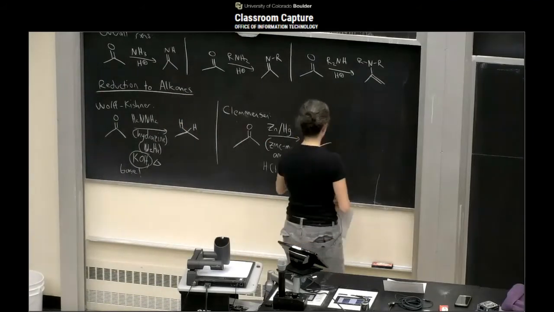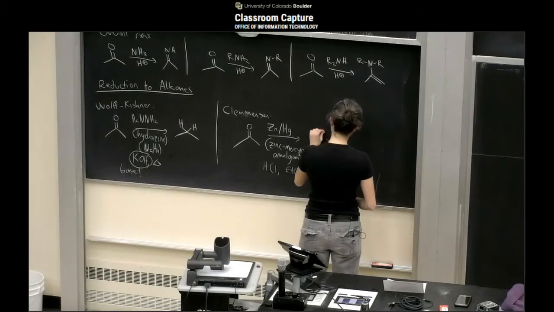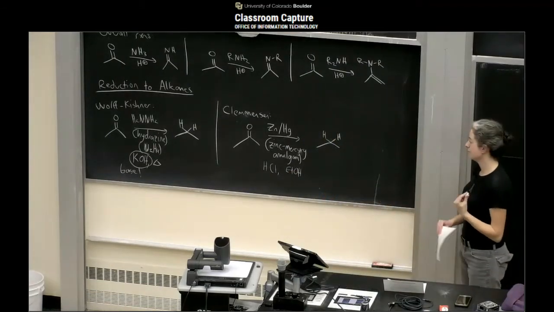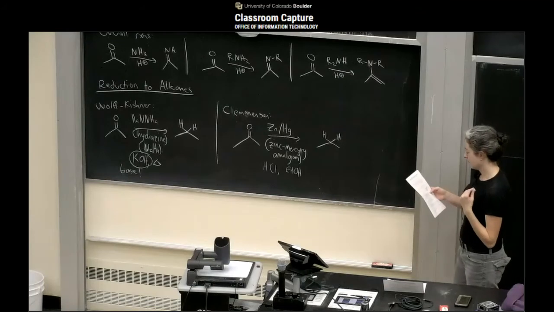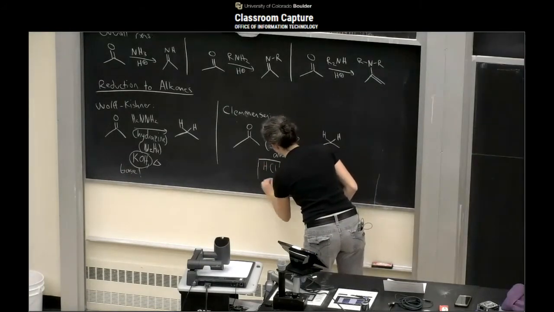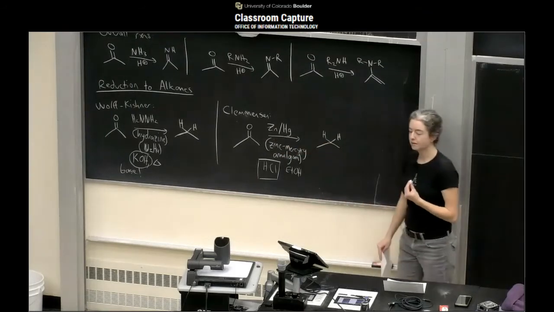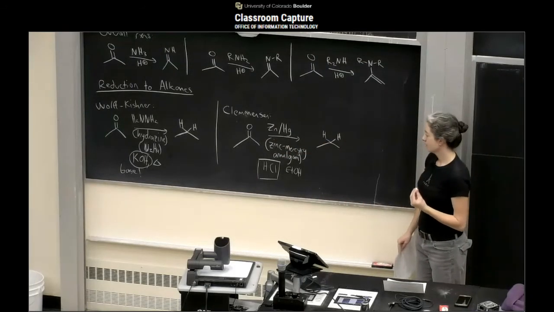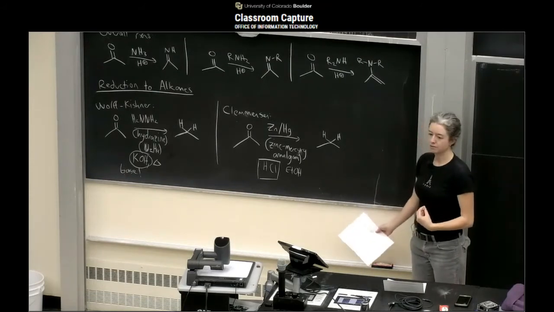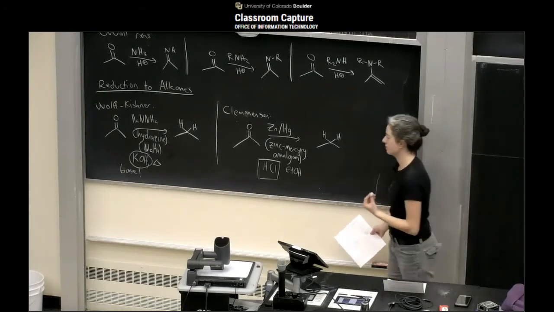But it does the same thing overall. Replaces 2 bonds to oxygen with 2 bonds to H. But the kicker here is that this one uses acid, HCl. So if there's anything in your molecule that's sensitive to acid, this would be one to avoid unless you want that other thing to get messed up.